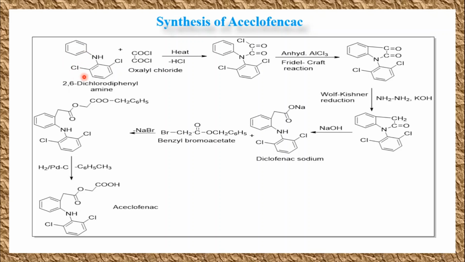In the presence of oxalyl chloride, a condensation reaction takes place and you get this compound. Then this product undergoes a Friedel-Crafts reaction in the presence of anhydrous AlCl3, and we get this cyclic product.